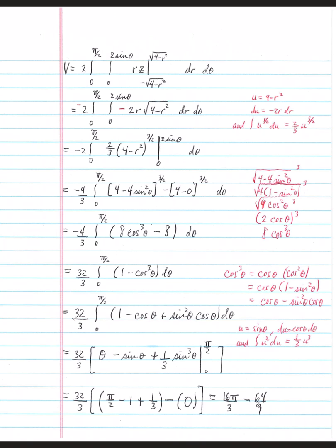So now we take the antiderivative with respect to z. We have rz evaluated at these two. We have r square root of 4 minus r squared minus negative r square root of 4 minus r squared. Well, that's 2r square root of 4 minus r squared.